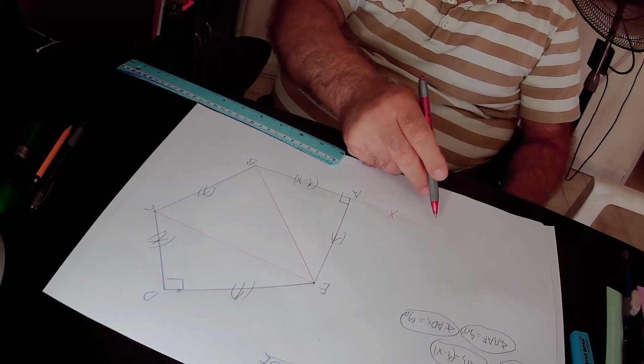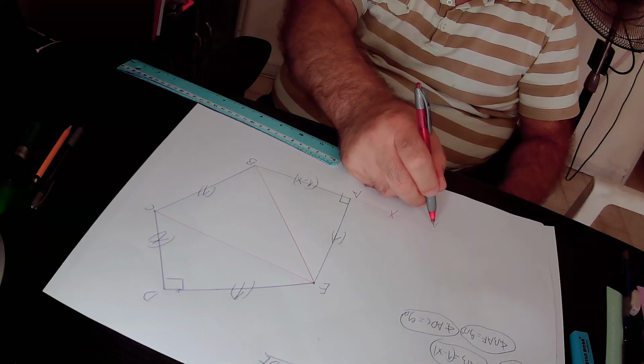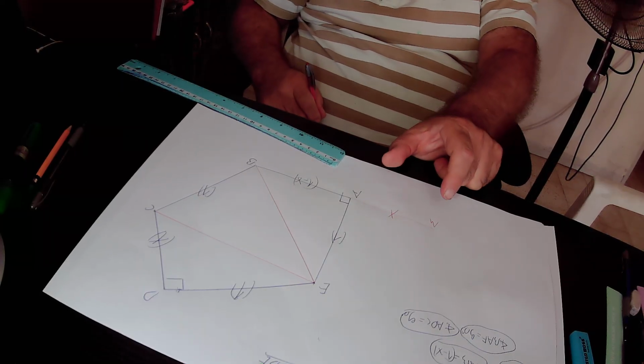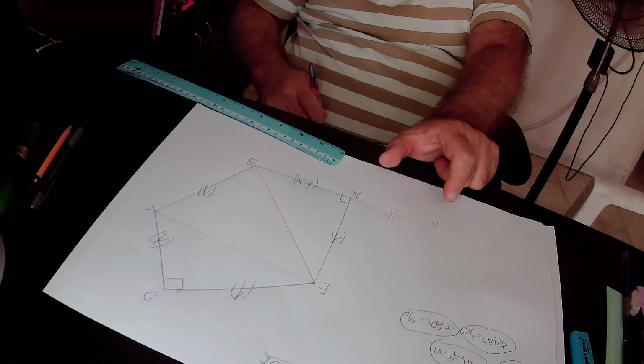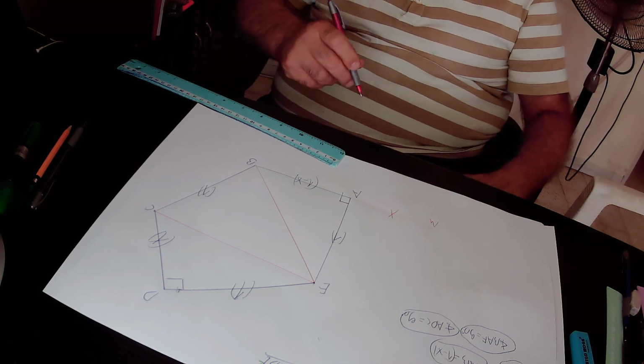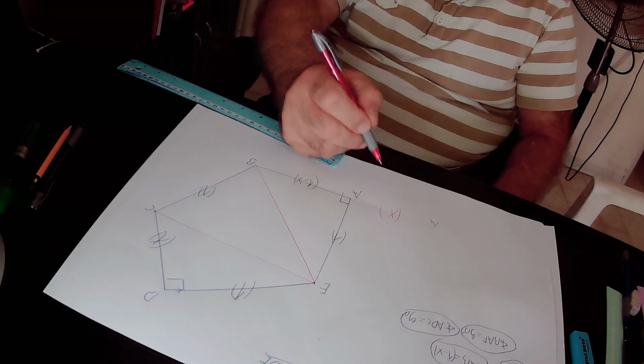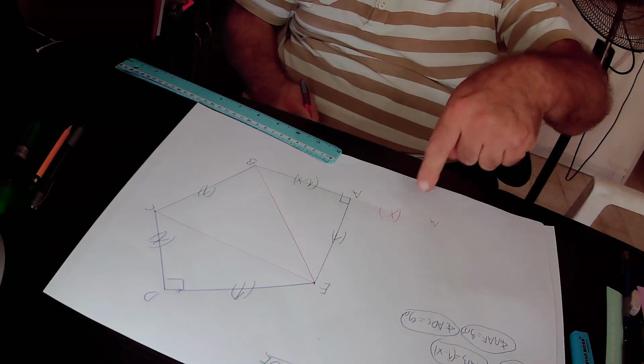We define this point as point M. And line segment AM equals X units in length according to our construction. In the next step, we join points E and M together by a straight line.